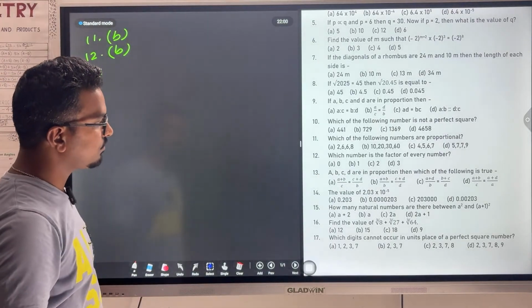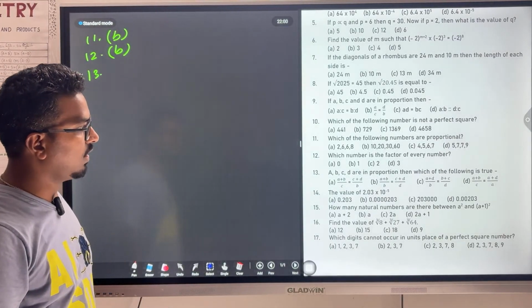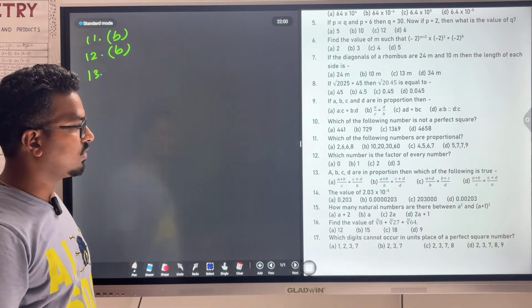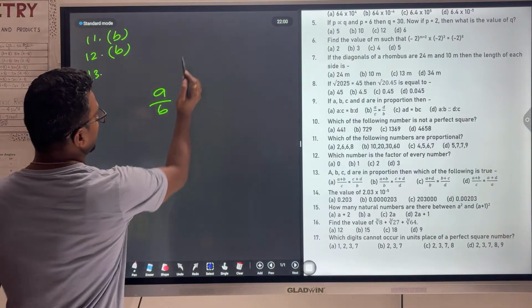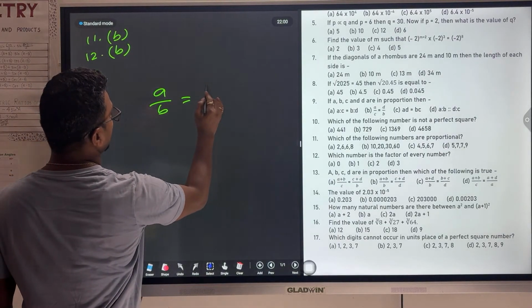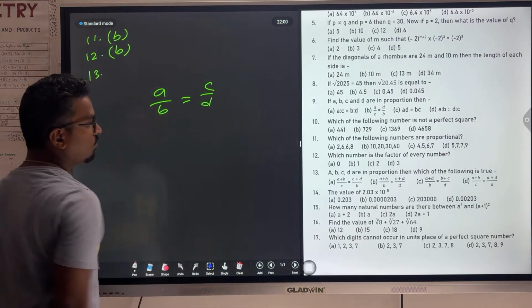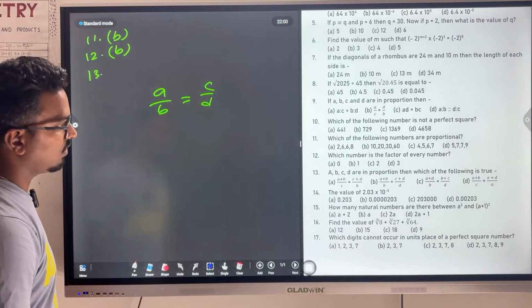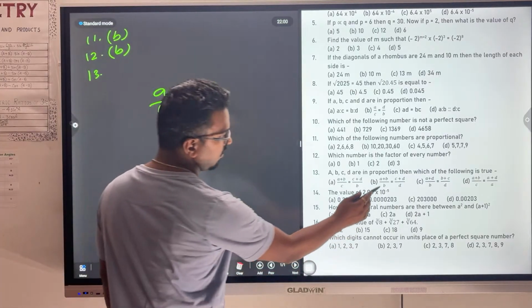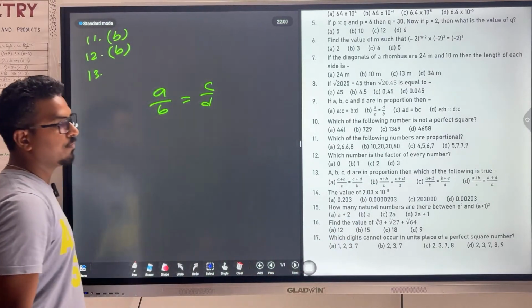13. A, B, C, D are in proportion, then which of the following is true? A by B is equal to C by D. Here proportion is given. So which option is correct? Here option B will be correct. What is this called?